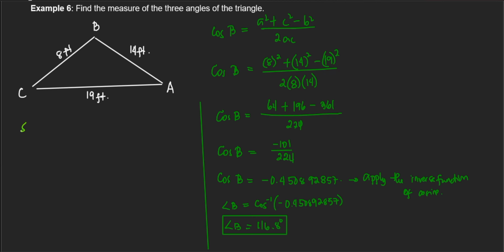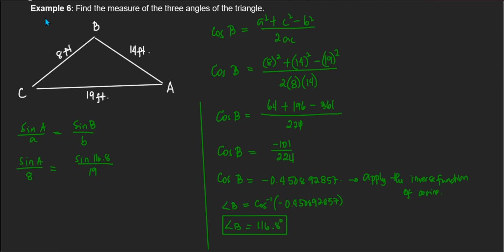So we have sine A over a is equal to sine B over b. Now, sine A is missing, so you just have to write sine A. Then yung opposite ng A natin, that is 8. Then sine B, yung angle B natin, that is 116.8. Then yung b na opposite, that is 19.